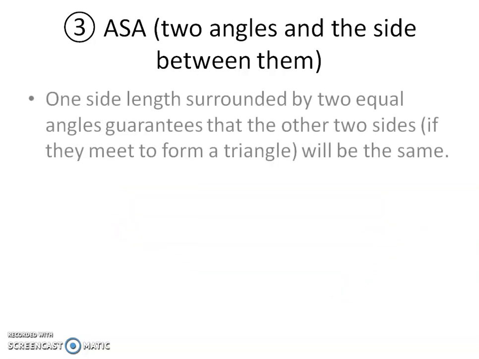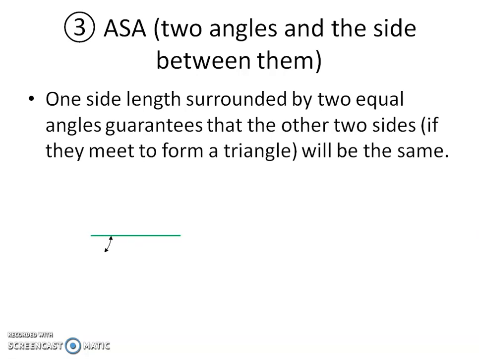And finally, if I know two angles and the side between them is the same, so this angle here that I've set and this angle here, if from this angle I draw out a line and from this one I draw out a line, they have to meet somewhere. If I draw out the shorter versions of them, that's what the triangle does.